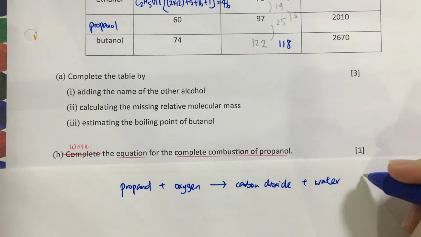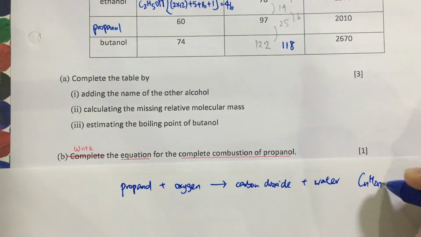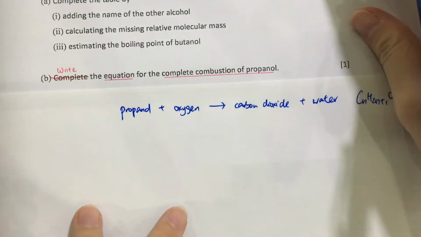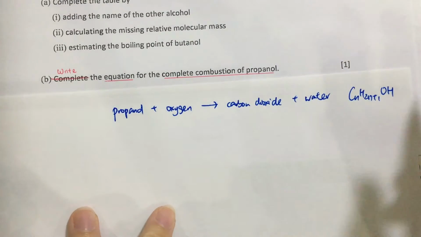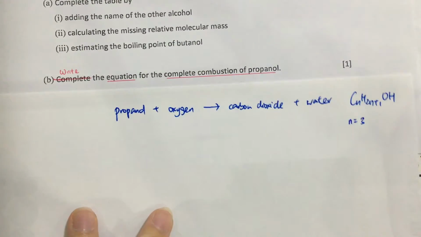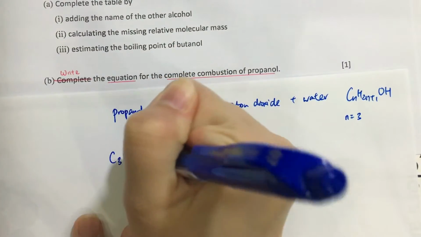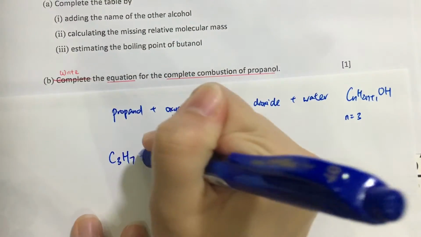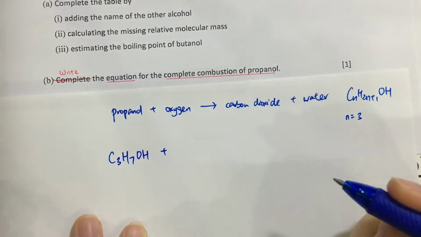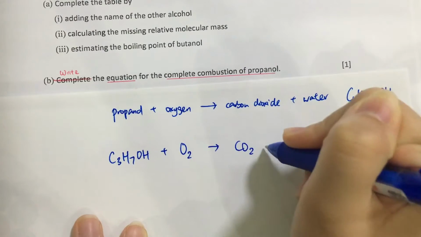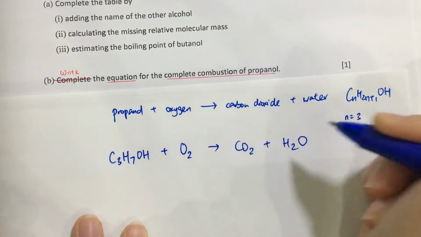Propanol is CnH2n+1OH, and n equals 3. So my propanol would be C3H7OH plus my oxygen is O2, carbon dioxide is CO2 plus H2O.